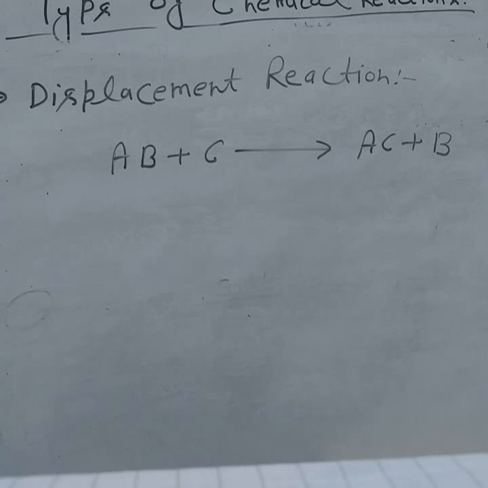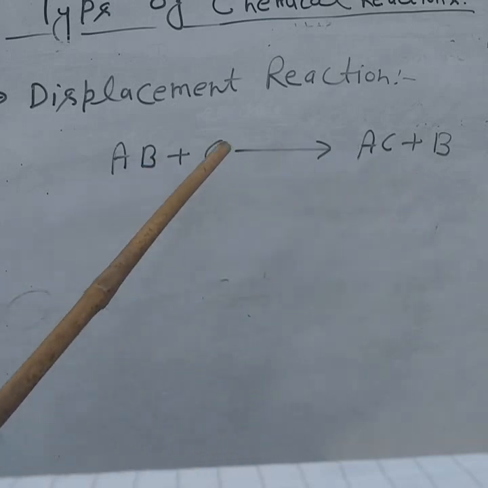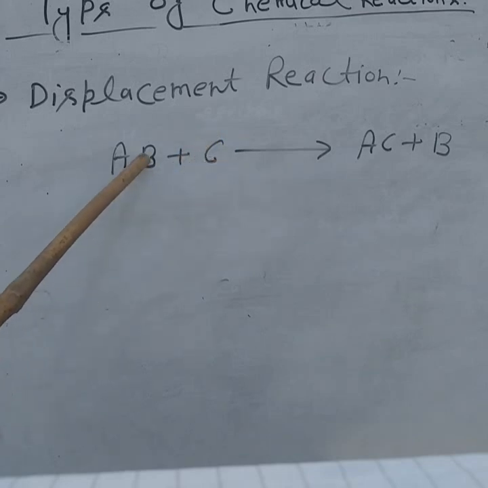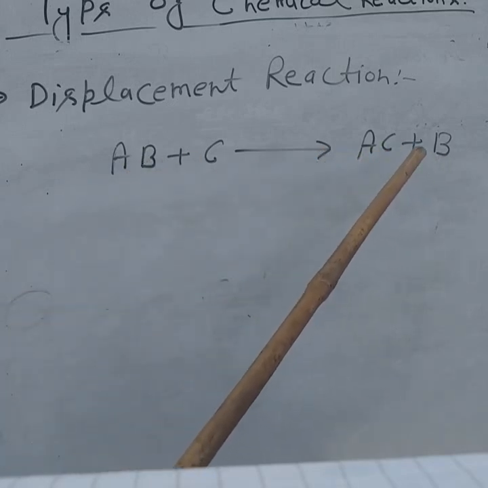Repeating again, when in a chemical reaction an element displaces some other element from a compound, it is called a displacement reaction. So in this reaction, AB reacts with C. Reactants are AB plus C and products are AC plus B. C displaced B and takes the place of B.